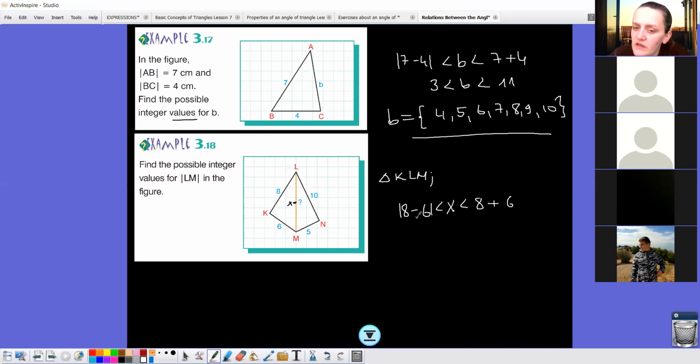So what will be here? 8 minus 6. It's 2 less than X less than 14. So what are the possible values for X here?